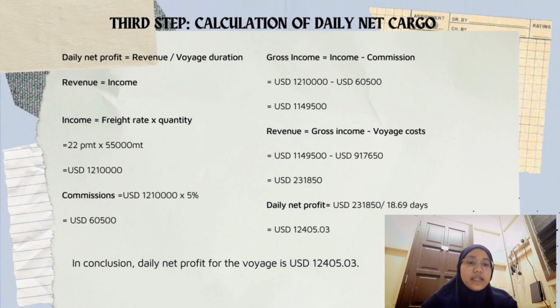And the daily net profit from the revenue divided by the days of voyage, that's 18.69 days. So the total was 12,405.03 USD. So the conclusion, the daily net profit for the voyage is 12,405.03 USD.